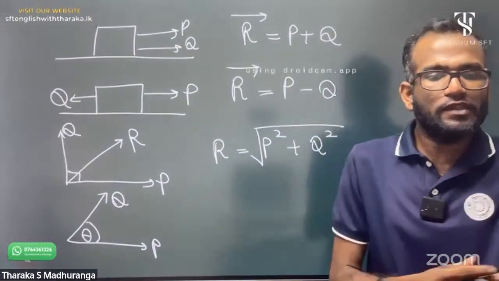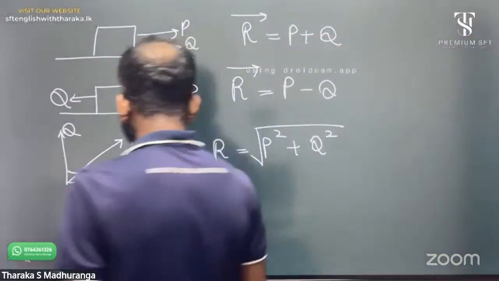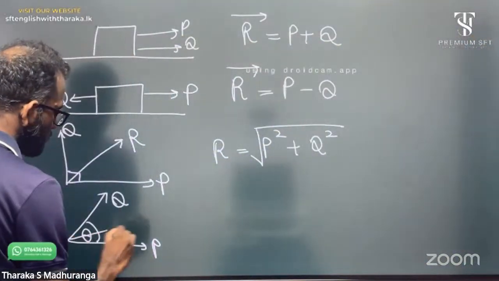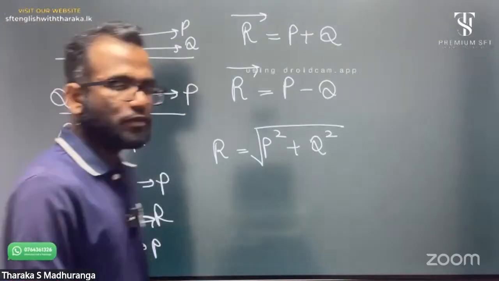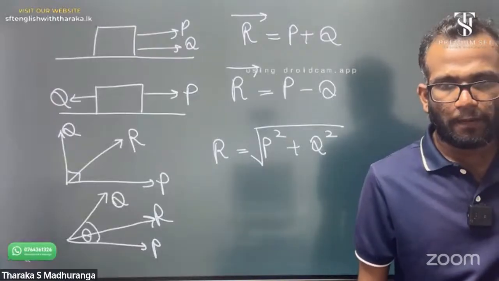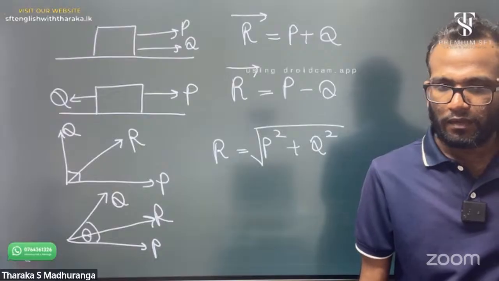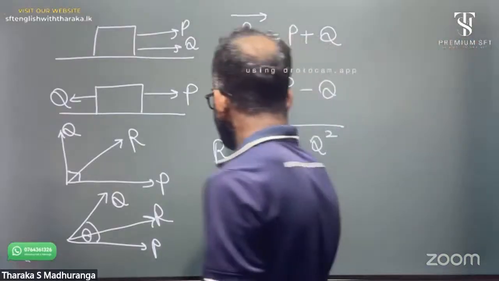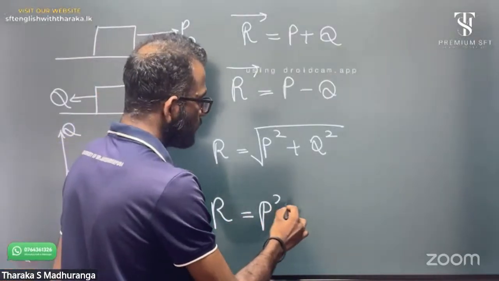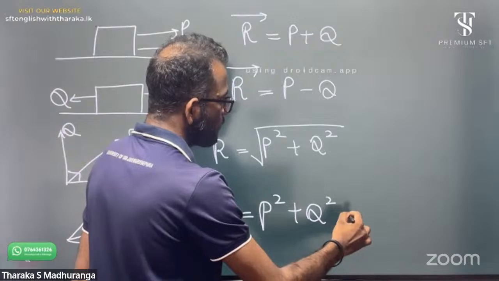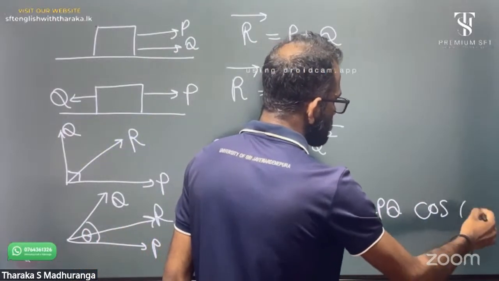What's the equation I gave you to get this type of resultant force, to find R? R equals the square root of P squared plus Q squared plus 2PQ cos theta.